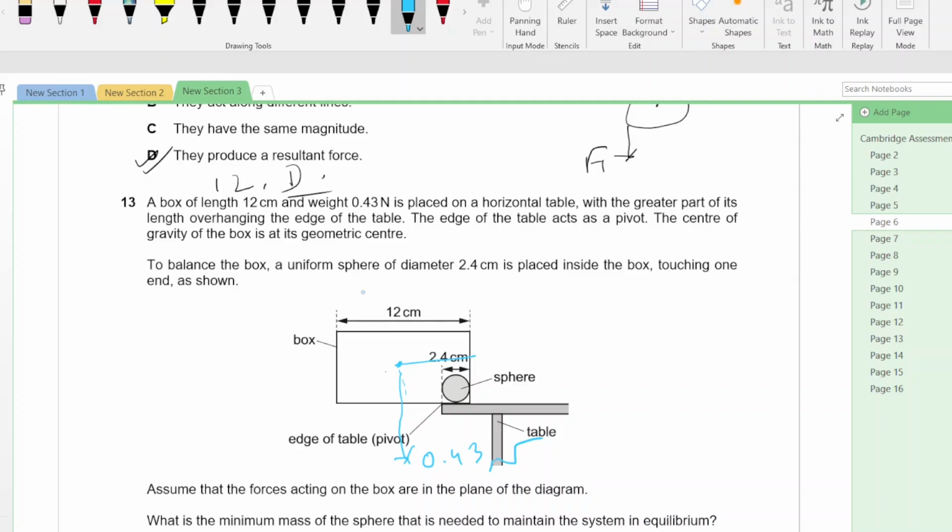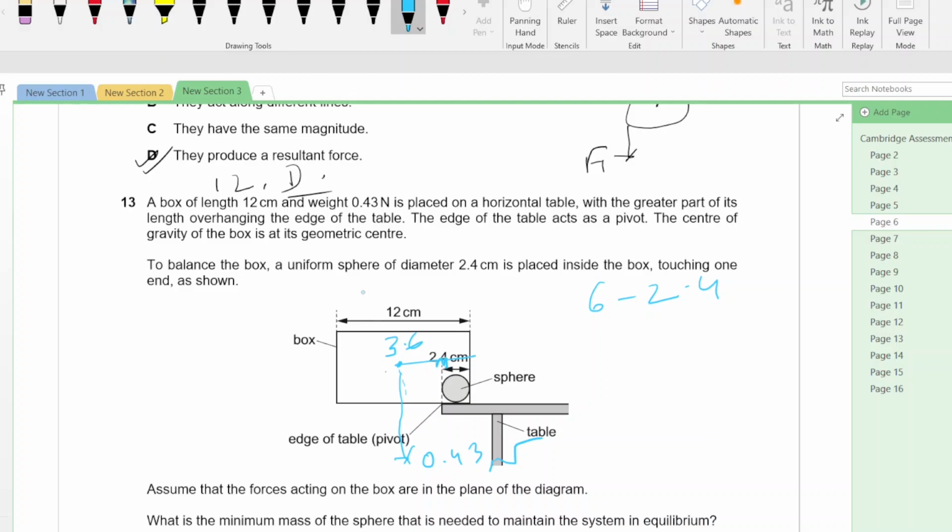Now, this distance from the pivot to the line of action of the weight of the box is 6 minus 2.4, which is 3.6.